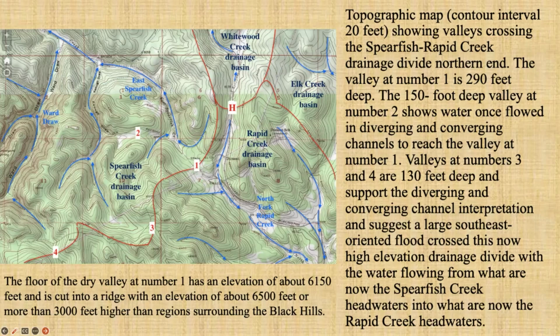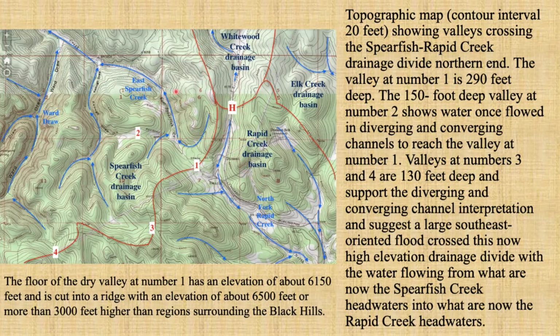And I'm going to start out at the north end of the Spearfish Creek Rapid Creek drainage divide. I've shown on this topographic map, which has a 20-foot contour interval, and that'll be true of all the maps that I'm showing you, that the orange lines here are showing the major drainage divides, and the Spearfish Creek Rapid Creek drainage divide starts here.